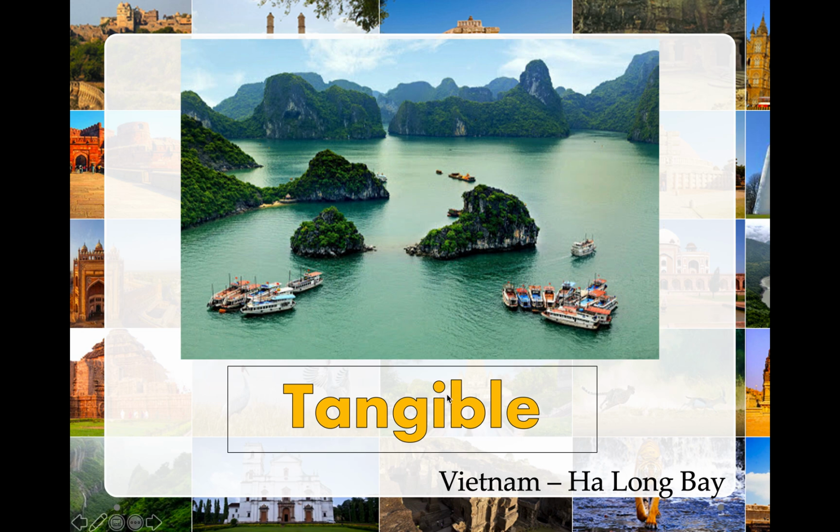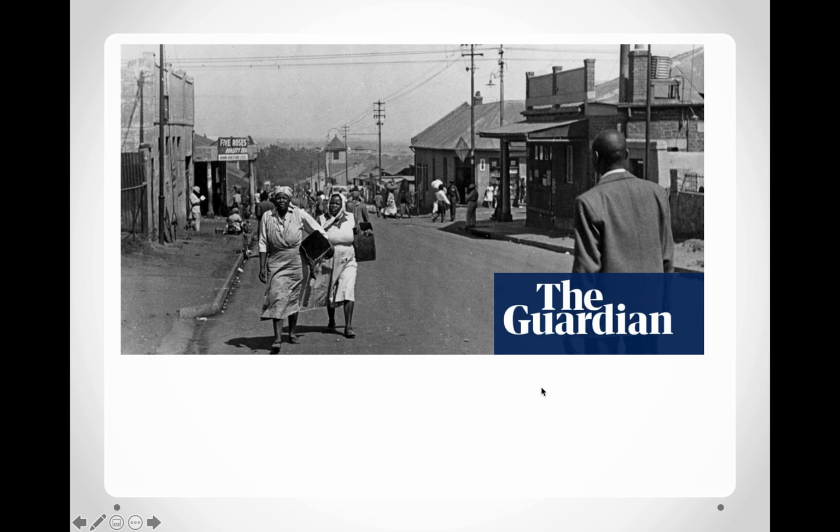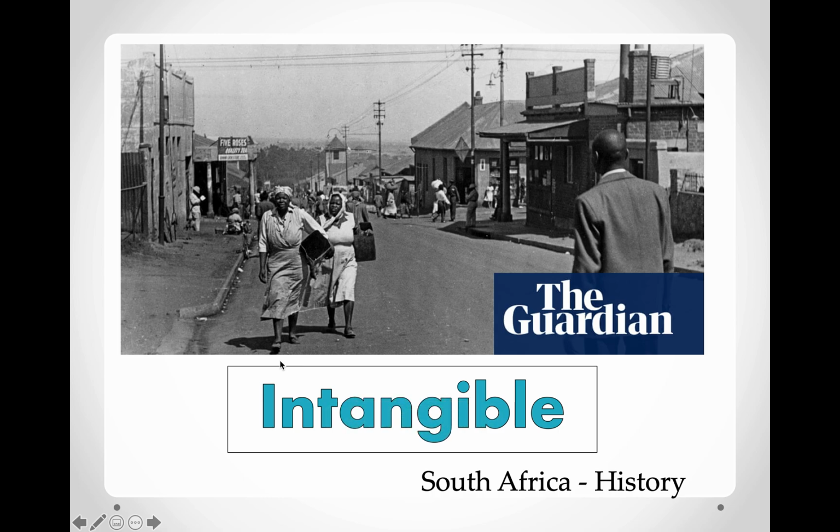Therefore, it is tangible. In South Africa, they have a very strong history, a story about their country from the past. Do you think this is tangible or intangible? Yes, amazing. It is intangible because the story has been brought down from generation to generation.